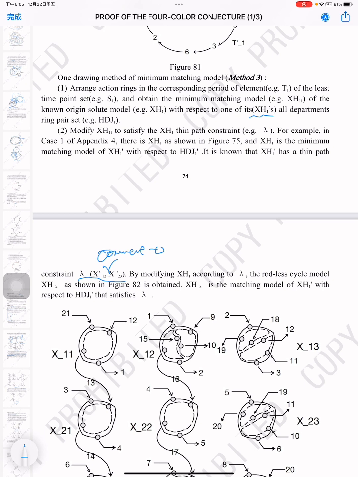By modifying XH1 according to lambda, the Rodley cycle model XH lambda, as shown in figure 82, is obtained. XH lambda is the matching model of XH1' with respect to HDG1' that satisfies lambda.